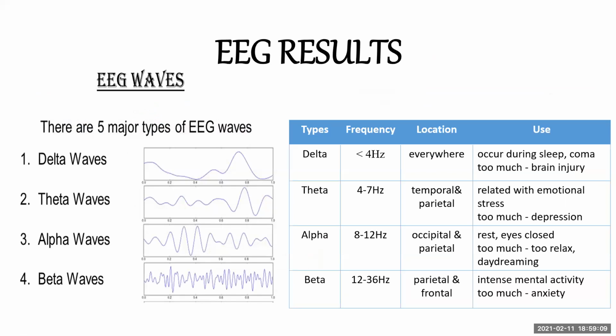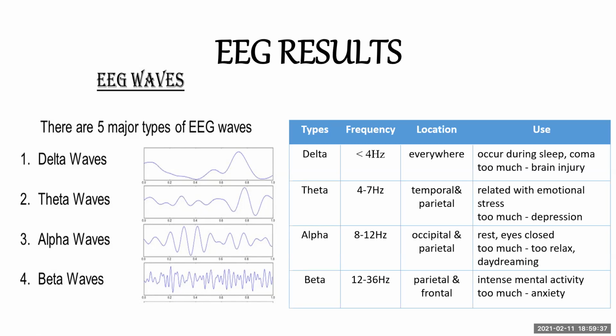Lastly, I will explain regarding the EEG results. The result of the EEG usually is based on the waveform that will be produced. There are 4 major types of EEG waveform. The first one is delta, second is theta, third is alpha, and fourth is beta.